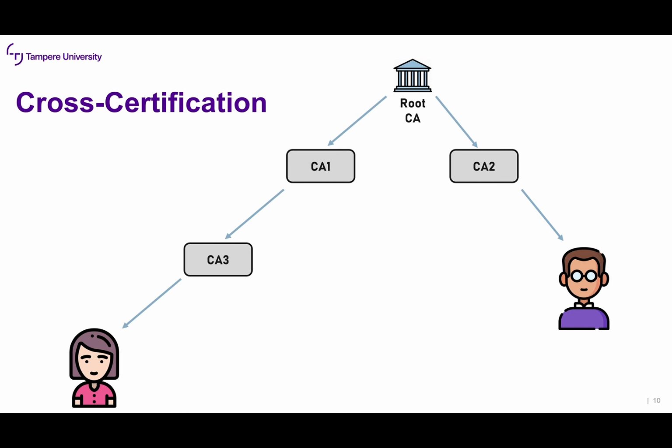This process is known as cross certification. So we have a certification authority, and then we have another certification authority. The first certification authority can sign the public key of the second one, okay? And this is called cross certification.